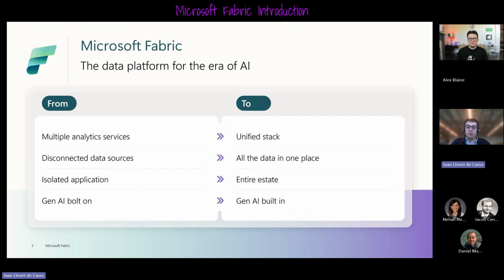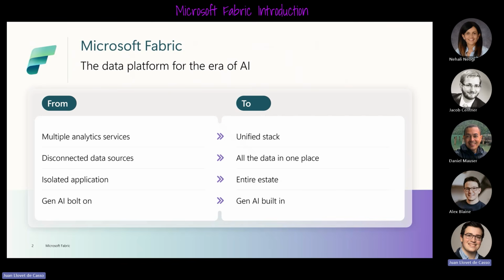It feeds other experiences that benefit from these insights that we are building from our data. And finally, as you can see, also GenAI built in. I would like to think of it as our analytics platform being built thinking of GenAI as the end point for our data, right? So how do we structure our whole analytics system knowing that we are going to be using our data to power agents?